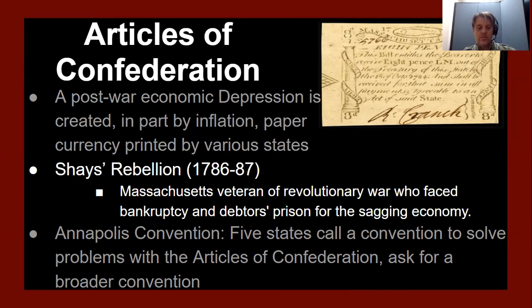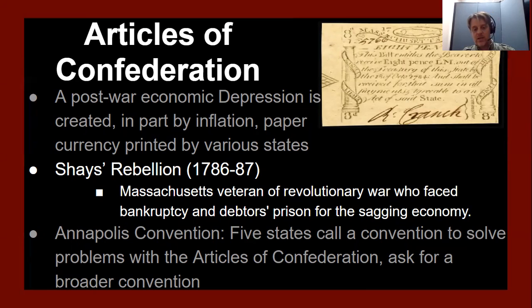And then, of course, Shays' Rebellion. If you remember, he was a Revolutionary War Continental soldier. After the war, he didn't get paid, but everybody was still trying to collect debts on him. So he got a group of people together, and they were going to release people from debtors' prisons.